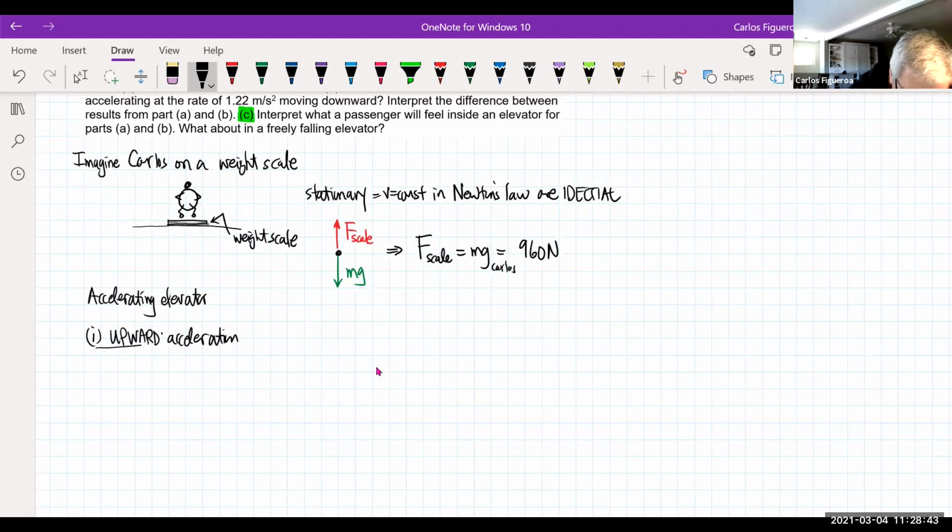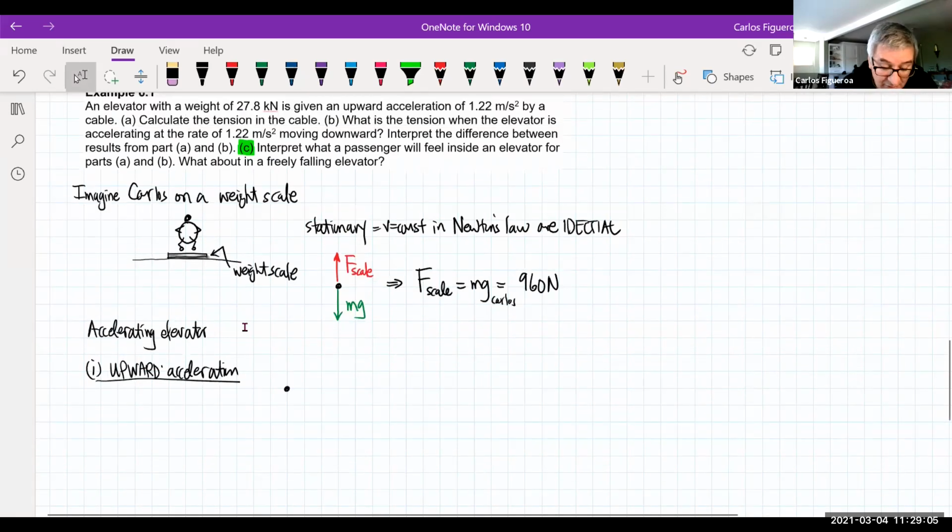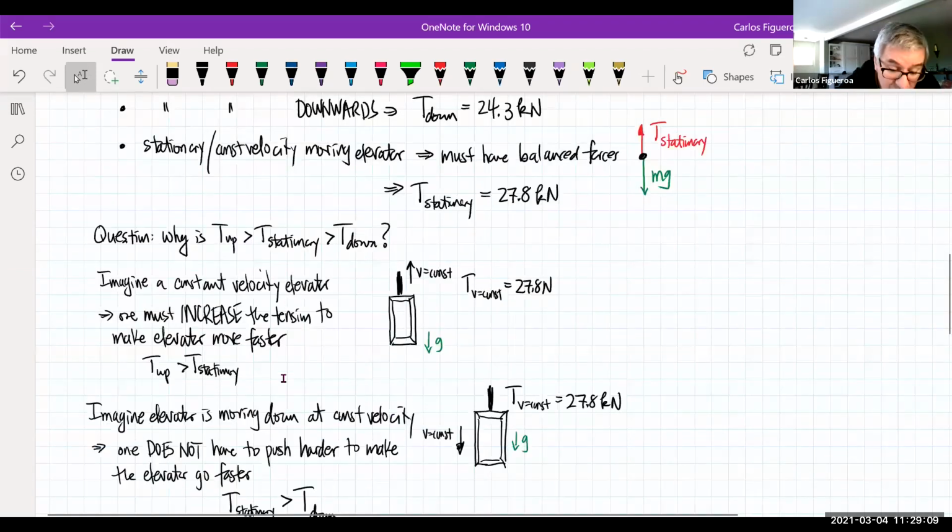So if I look at an upward acceleration, what do I know? Well, I know that the weight scale has to push harder on Carlos. Just like we talked about over here, in order to accelerate something that was moving at constant velocity, we have to increase the tension in the cable. But here, it's not the cable that's working on Carlos.